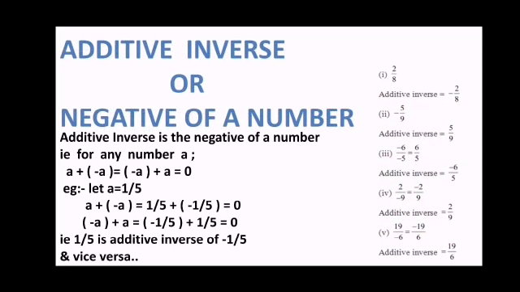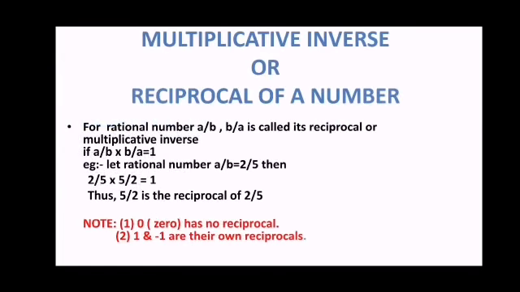Similarly, check the other examples. Next property, multiplicative inverse or reciprocal of a number. For a rational number a upon b, b upon a is called its reciprocal or multiplicative inverse.